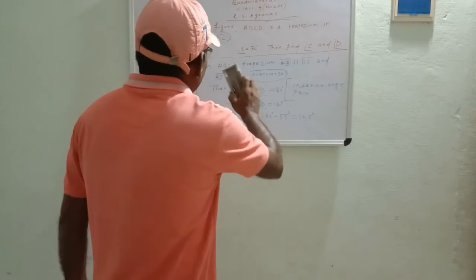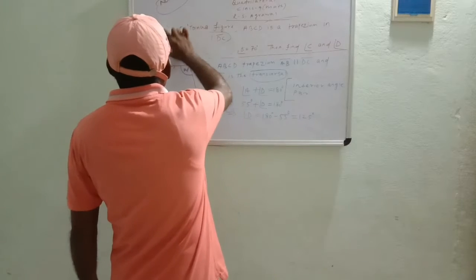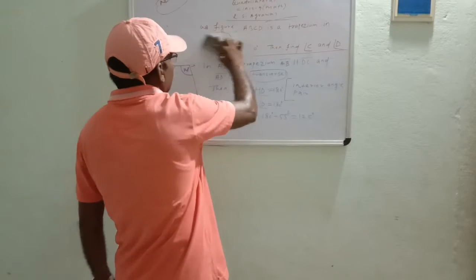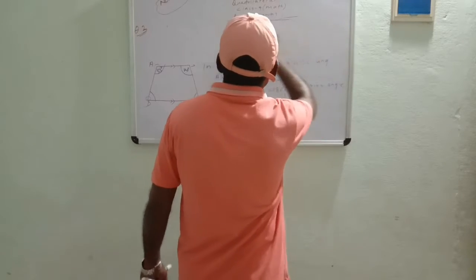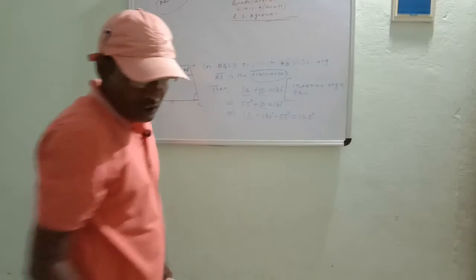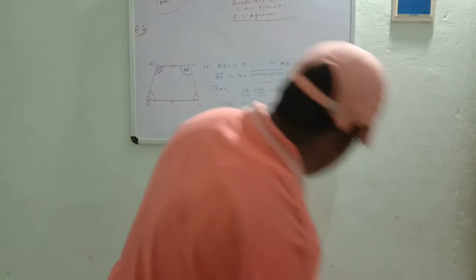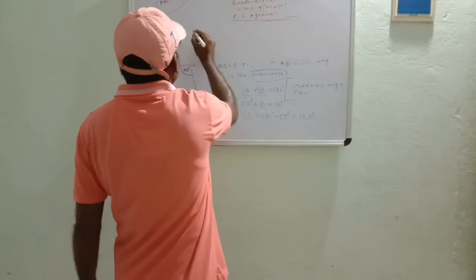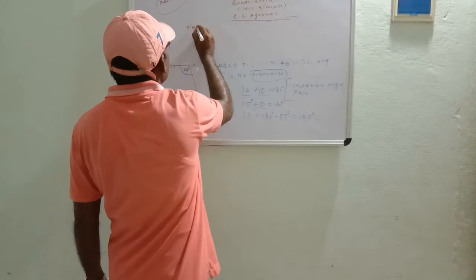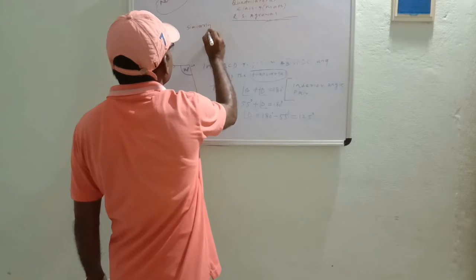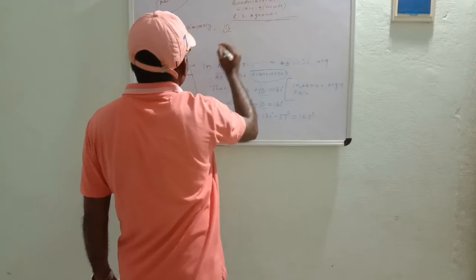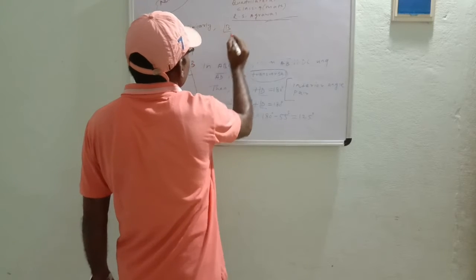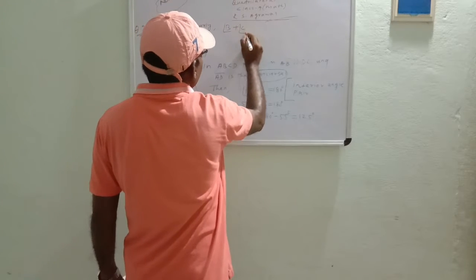So similarly we can say that angle B, this angle, plus angle C equal to 180 degree.